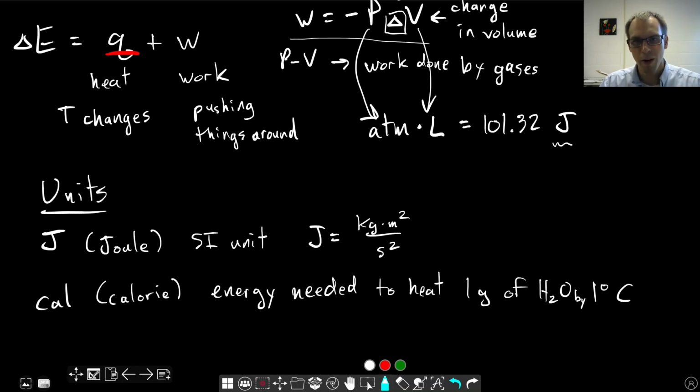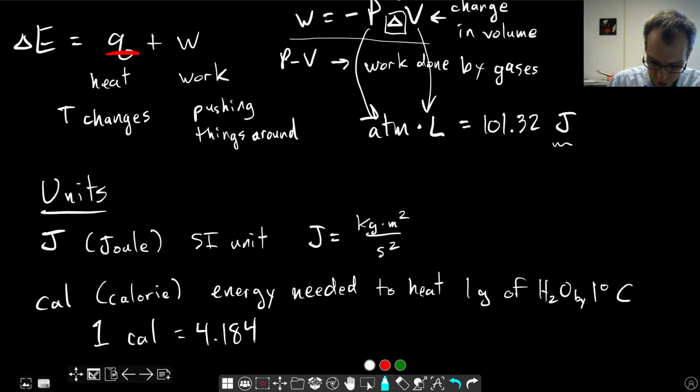So if you have 1 gram of water or 1 milliliter, since the density is about 1 gram per milliliter, and you want to heat it up by 1 degree, it takes 1 calorie of energy. And there's a relationship between calories and joules. So 1 calorie is equal to 4.184 joules. So these are related to each other.